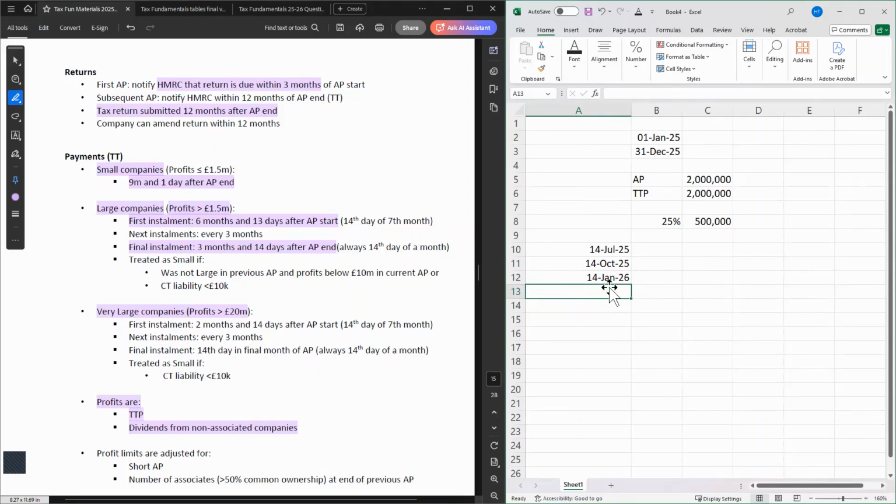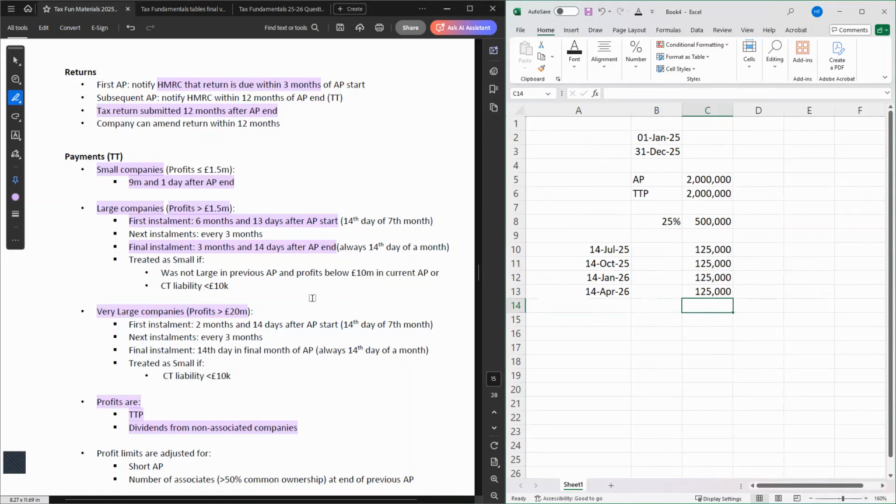So that would be 14th of April 2026. And the amount that is due on each of these dates is a quarter of the tax liability. So you would take the tax liability and divide by 4, and then each one would be exactly the same amount for this 12-month accounting period. So that then shows us how to calculate the instalment payments for a large company.